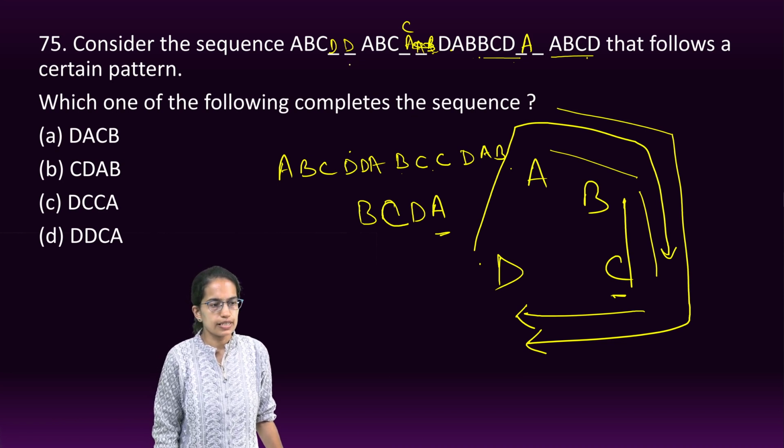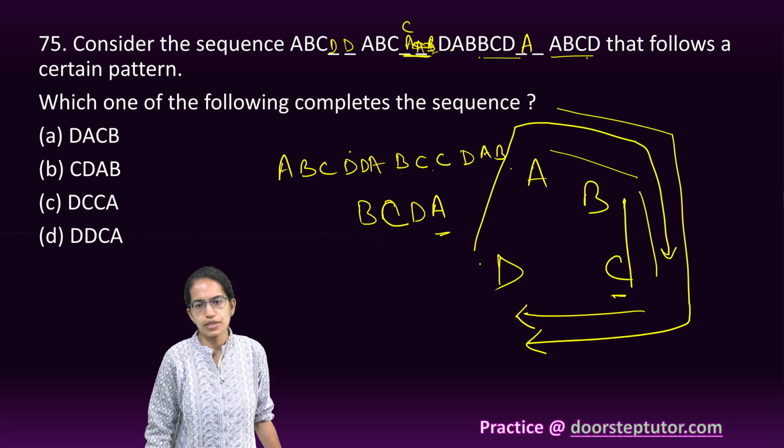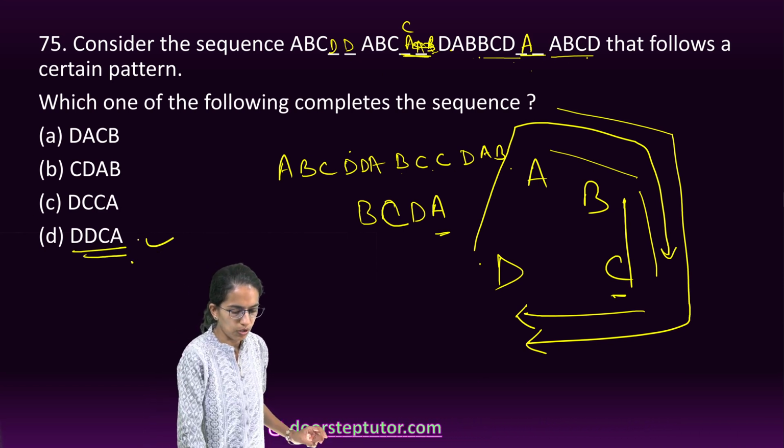So my missing letters would be D, D, C, A. So here there is just one space, I believe, and there was an error. So D, D, C, A would be the option here.